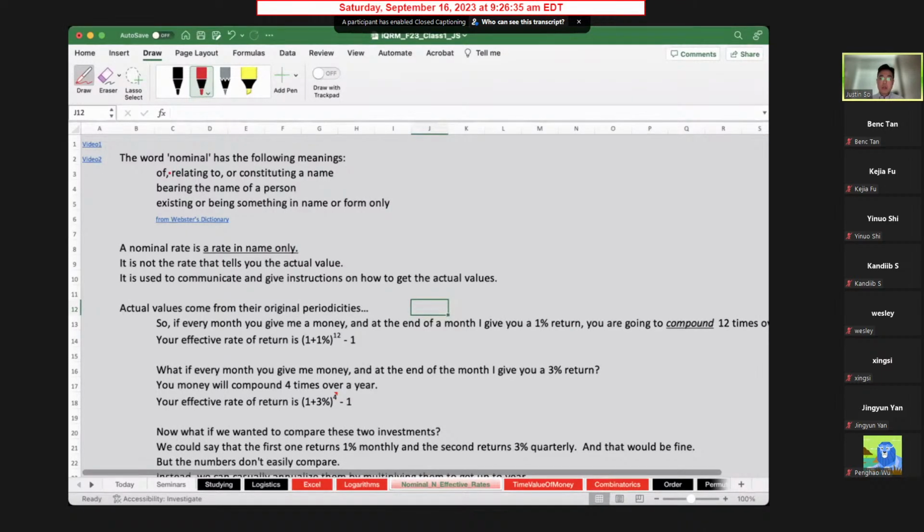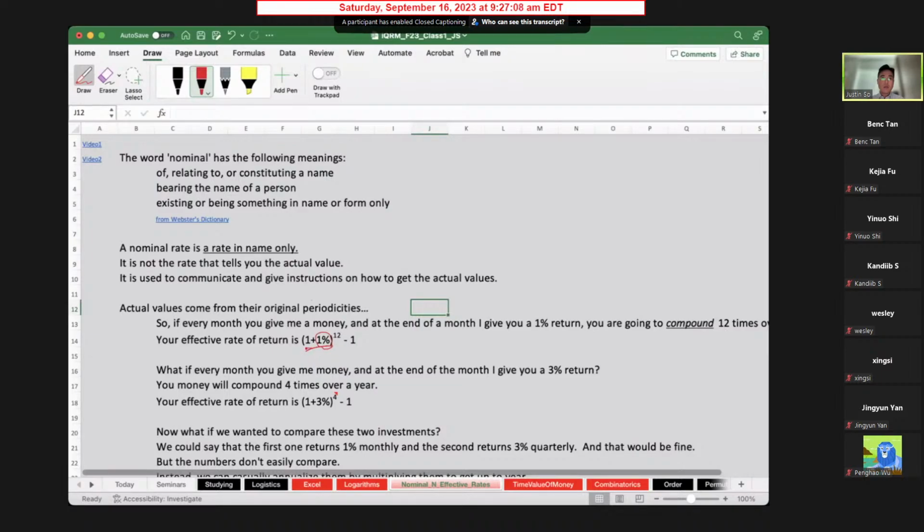So how can you calculate the actual amount of money in terms of a percentage? You add 1% monthly to 1.